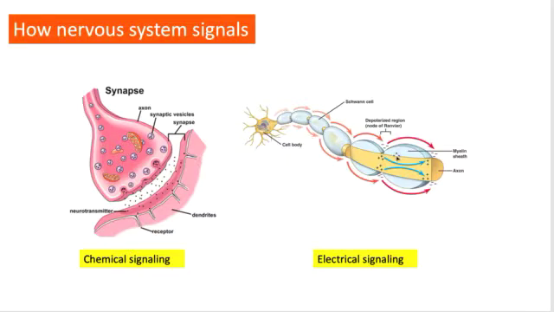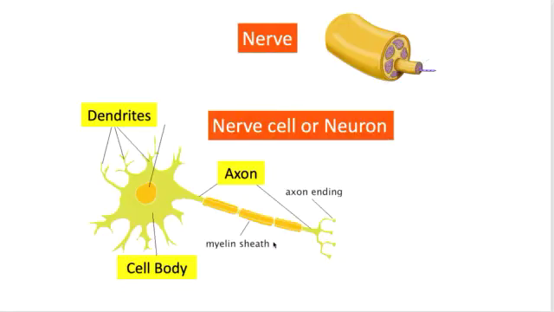Electrical signals are generated to produce the chemical signal, and the chemical signals then trigger electrical signals in the downstream cell. So an electrical signal comes down here and causes neurotransmitters to be released. Neurotransmitters bind to these cells, then these cells produce an electrical signal. So there's a back and forth between chemical and electrical signaling in this system.